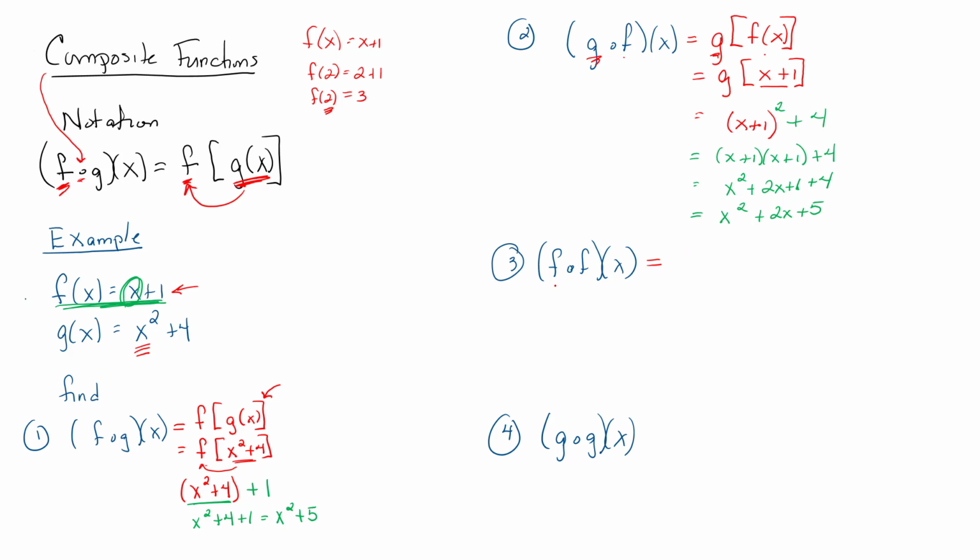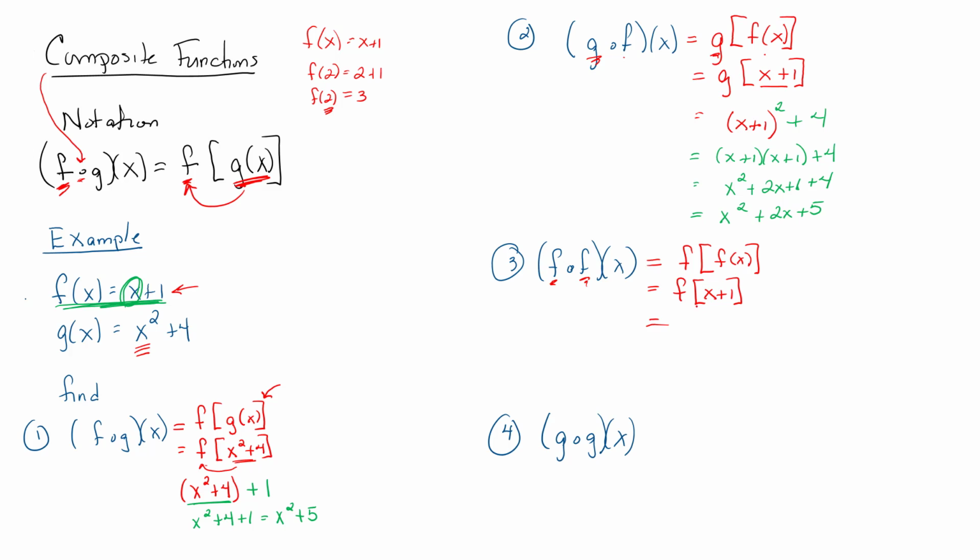Okay, notation says take the first function, and inside the bracket goes the second function, which in this case is F of X. And do the brackets first. F of X is X plus 1.